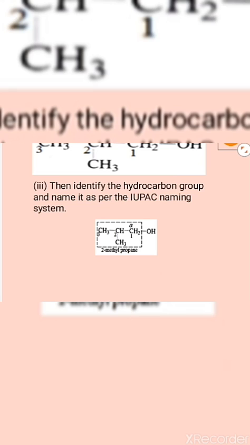According to the longest chain of carbon, we have to select the appropriate word root, and with the word root we have to add a suitable primary suffix. For primary suffix, you know: for single bond ane, for double bond ene, and for triple bond yne. Then we add the suffix, which is known as the secondary suffix, for the functional group.